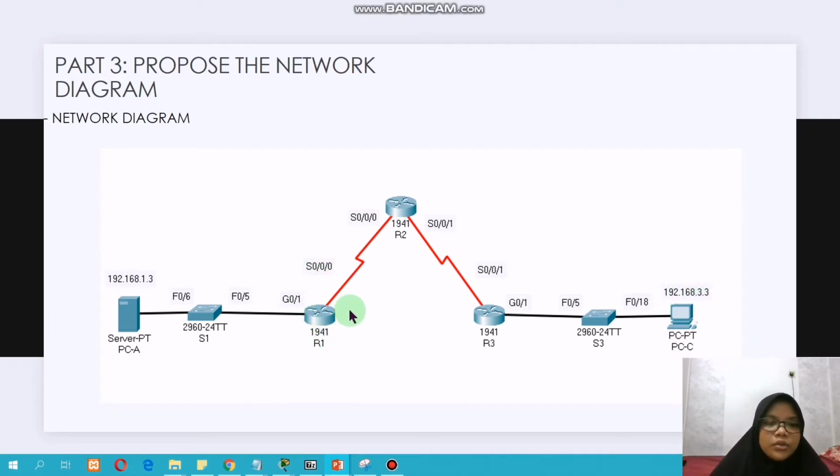For router 1 to switch 1, I'm using G0/1 to F0/5. For the switch to PCA, I'm using F0/6 to fast Ethernet 0. The IP address for PCA is 192.168.1.3.